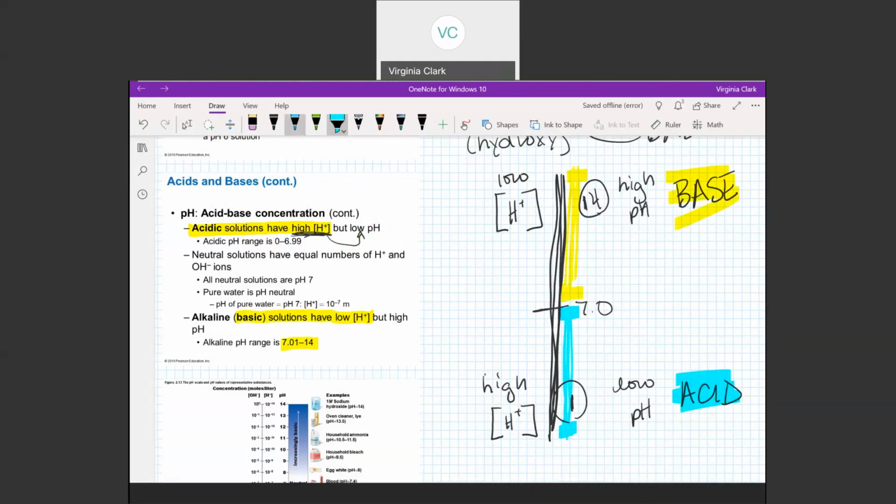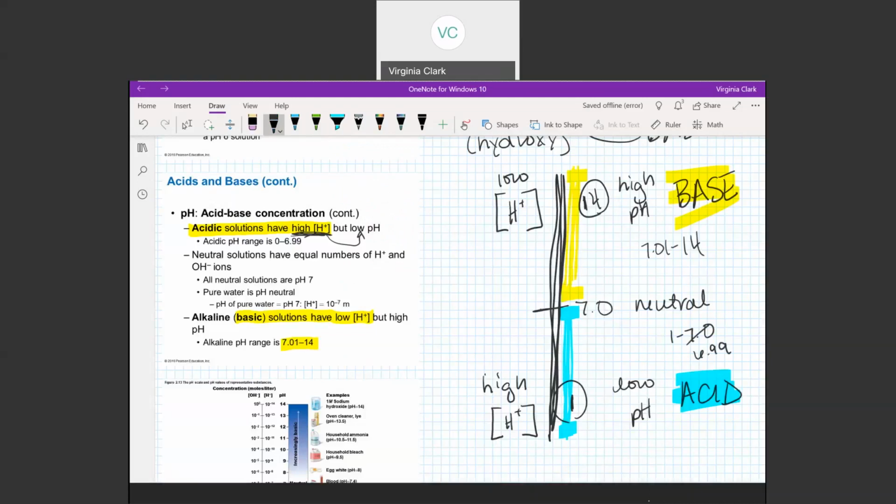So that's how the scale actually works. Acid is going to be 1 to 7.0, or 1 to 6.99, right below it. 7 is considered neutral, and then this is going to be 7.01 to 14. That is how that process works.